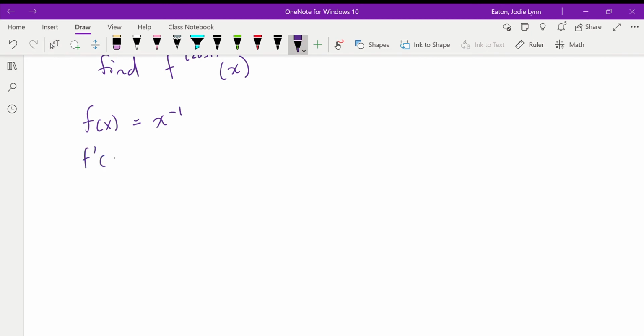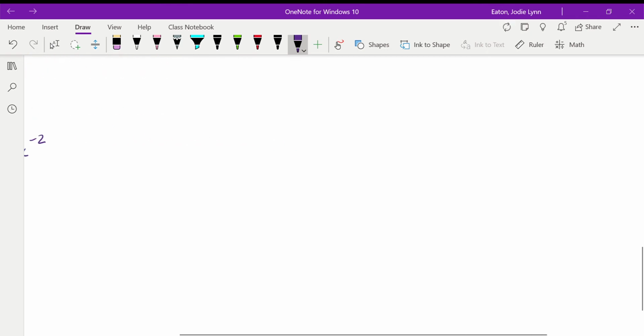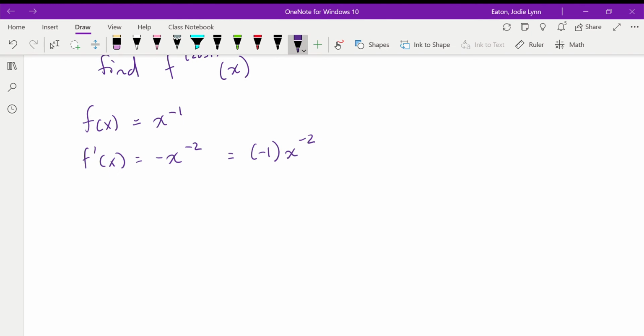So f prime of x is negative x to the minus 2. And I'm just going to write this as negative 1 times x to the minus 2. And so this is like our 0th derivative, just our regular function. This is our first derivative, and this is going to be important because we want to link our pattern to which ordinal number it is.